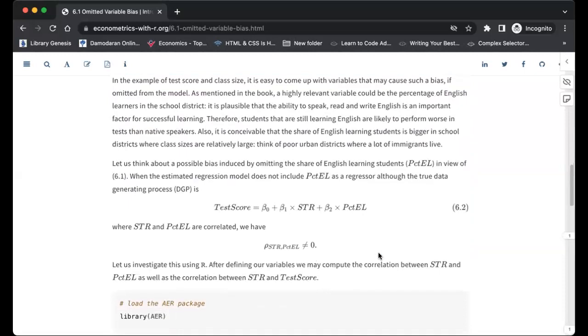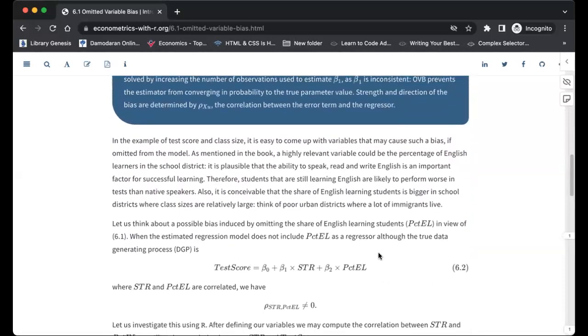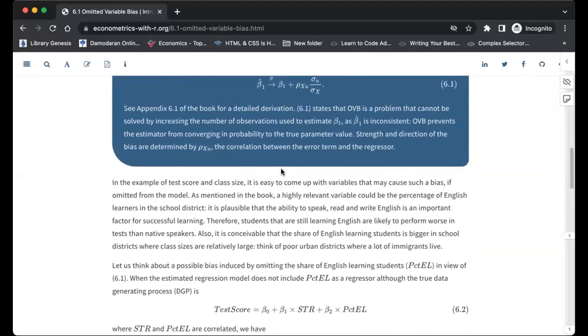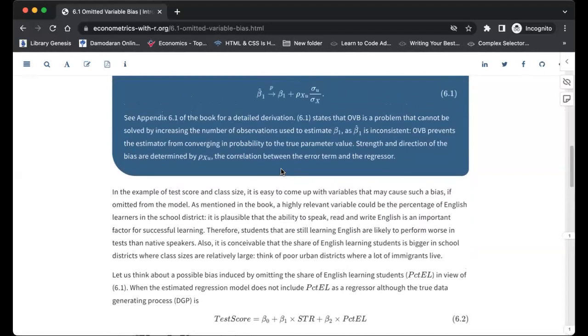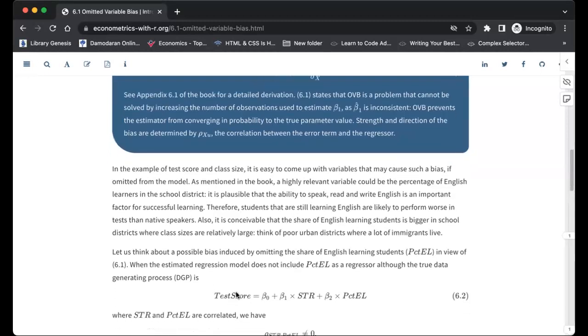Now it's giving an example, the test score example that the textbook uses. Let us think about the bias introduced by omitting the share of English learning students. Here, in the test score example, we are looking at the effect of the student teacher ratio on the test score. This was the model we looked at in chapter 4.